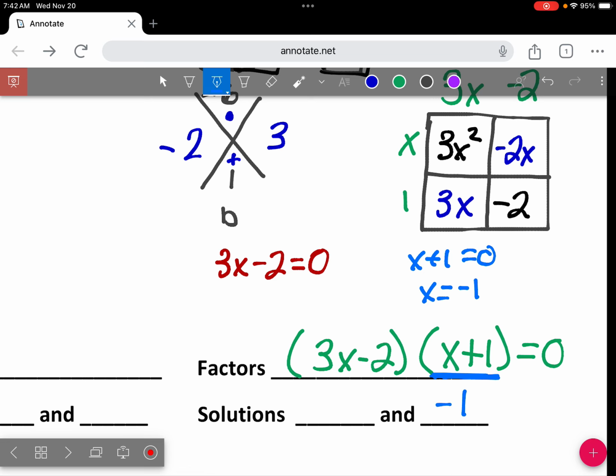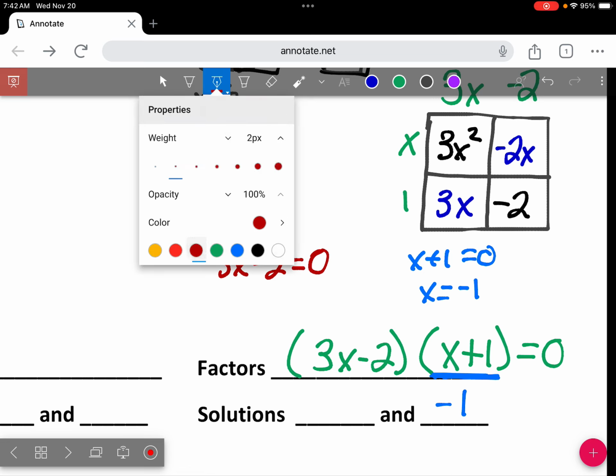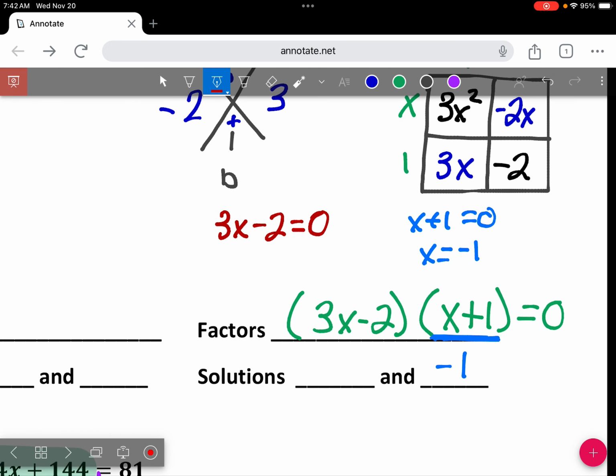All right, so one of my solutions is negative 1. On the red one, what do I need to do? Plus 2. So I get 3x equals 2. So what does x equal? 2 over 3, which is icky, but fine. So my other solution is 2/3.